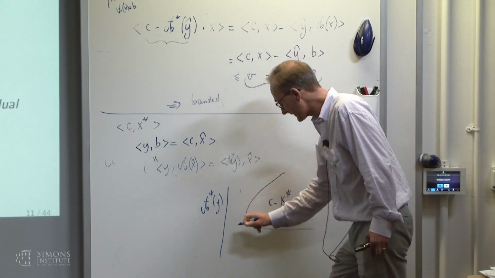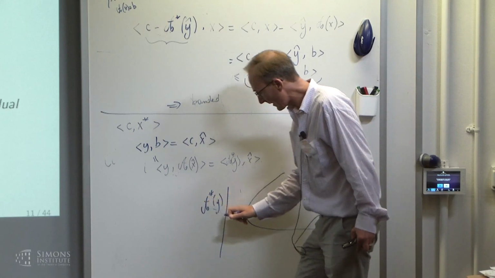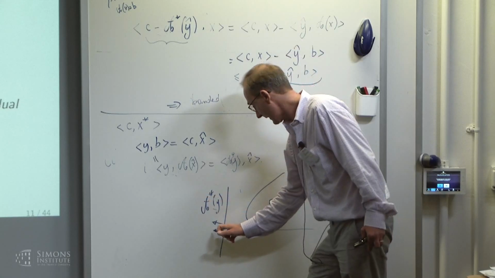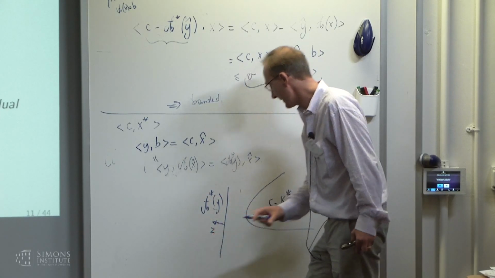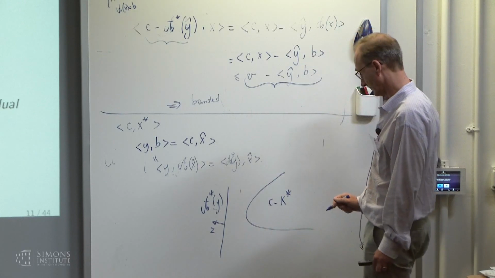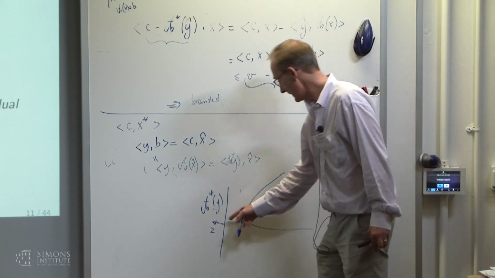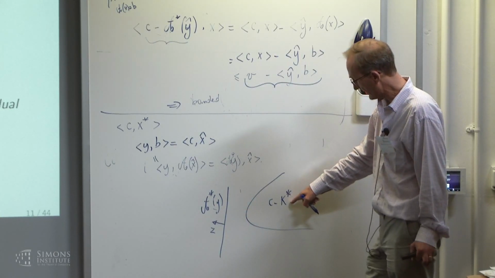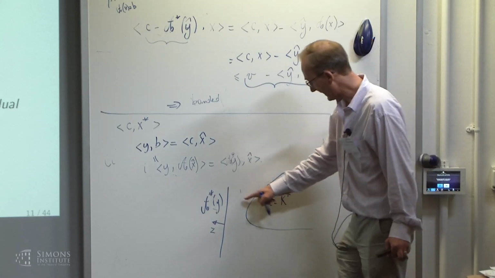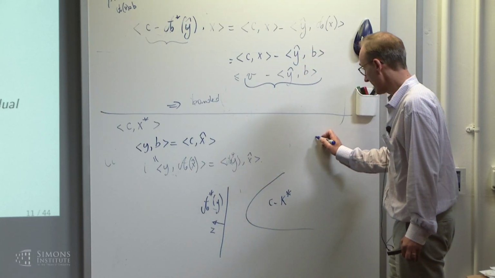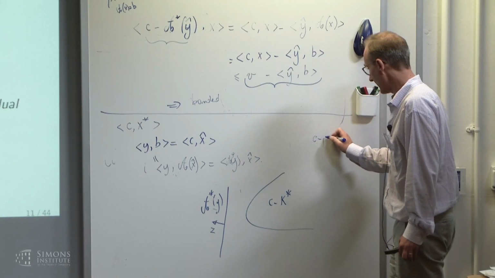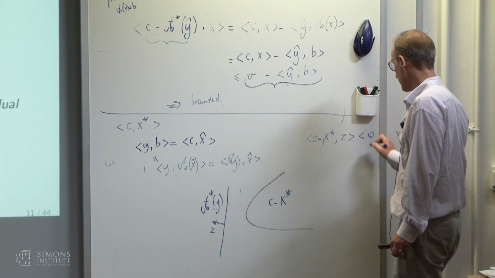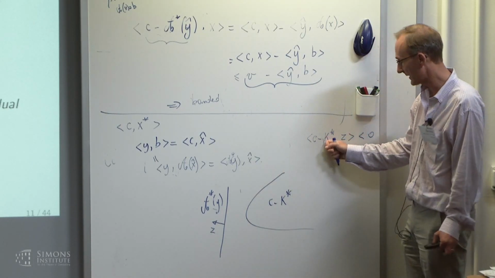But if not, there exists a separating hyperplane, and that separating hyperplane has to be orthogonal to this space, so that I get a Z such that C minus any element of K star times Z is strictly less than 0, whatever I put here in K star.